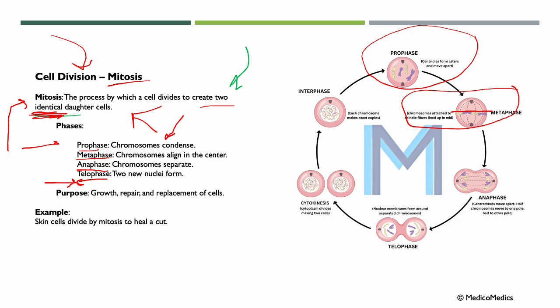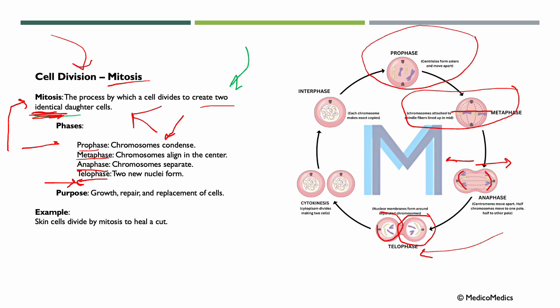During anaphase, these chromosomes separate, each to a side. So the centromeres move apart, and half of the chromosomes go to one pole, the other half to the other pole. Then we enter telophase, and this is where a nuclear membrane forms around these separated chromosomes.